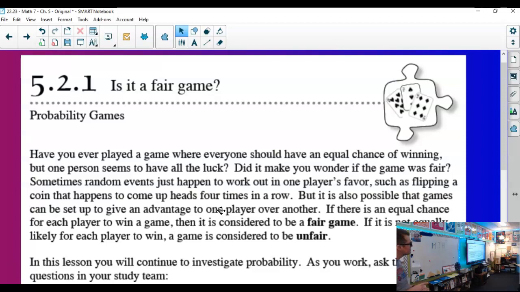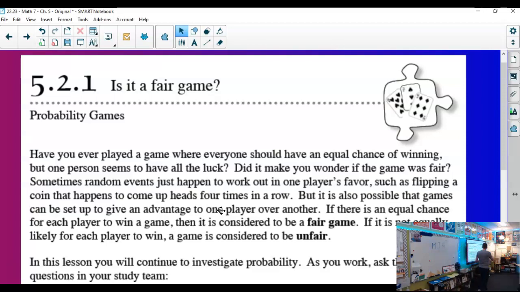Sometimes random events just happen to work out in one player's favor, such as flipping a coin that happens to come up heads 4 times in a row. But it also is possible that games can be set up to give an advantage to one player over another, but if there's an equal chance for each player to win the game, then it is considered to be a fair game.